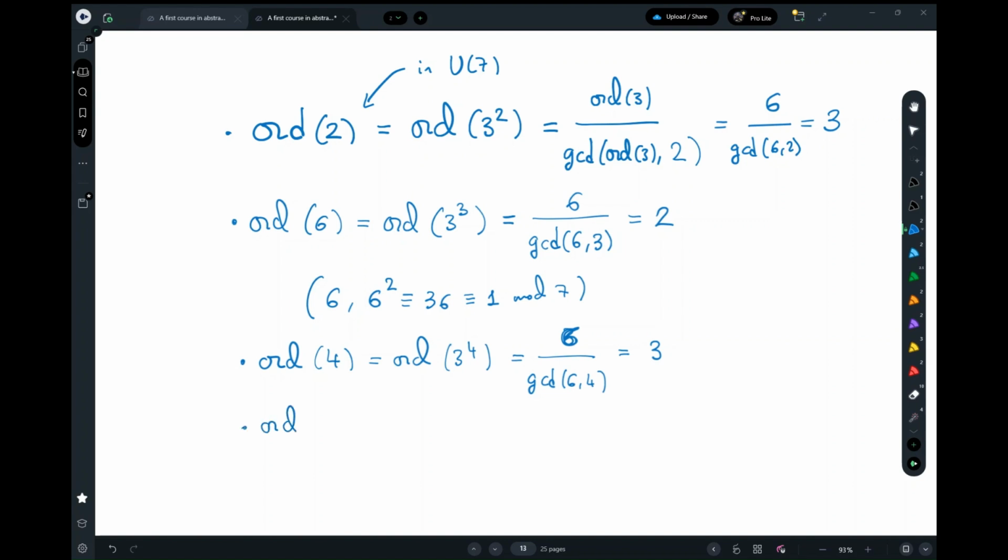And the order of 5 is the order of 3 to the 5, which is 6 divided by the GCD of 6 and 5. 6 and 5 have GCD 1, so this is 6. So it turns out that 5 is also a generator. So U7 is also generated by 5 under multiplication. Okay.